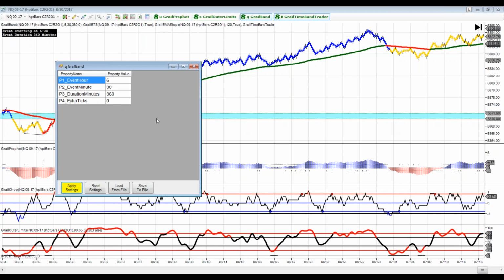Just a brief recap of what I like to use. If you're trading the European session, you can use this in the European session. For the other currencies, gold or natural gas, I use 5:30 Pacific, that's 8:30 Eastern.